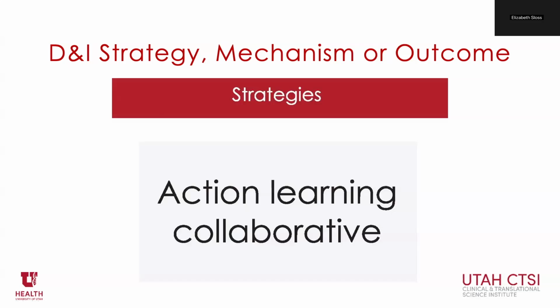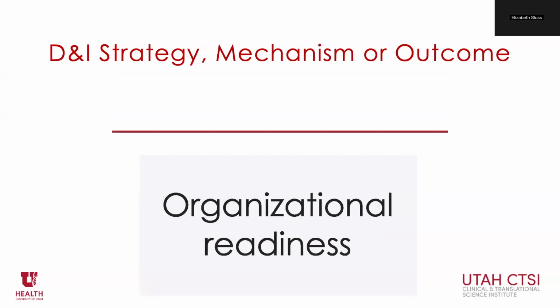Okay, these have been really easy, so let's see how we do here. How about organizational readiness? Is this a strategy, a mechanism, or an outcome? And I'll expand on it: organizational readiness to deliver an evidence-based intervention.